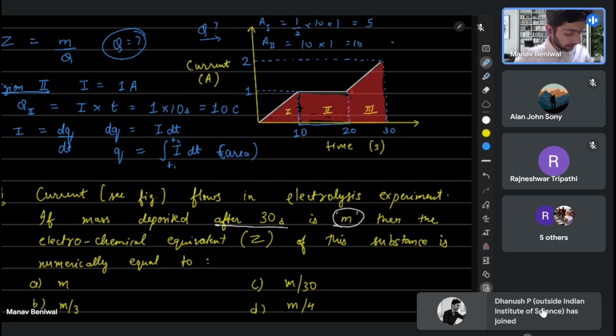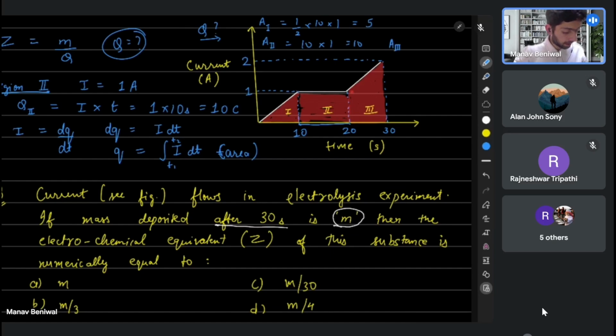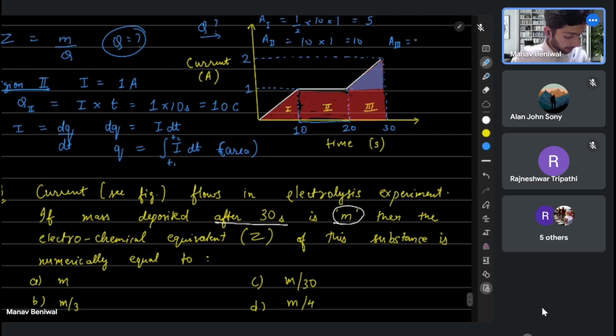And for region 3, you can divide it into two parts: one is the triangular part here, and another is this square part. So the area of 3 will be 10 into 1 plus half into 10 into 1. So this will be 15.